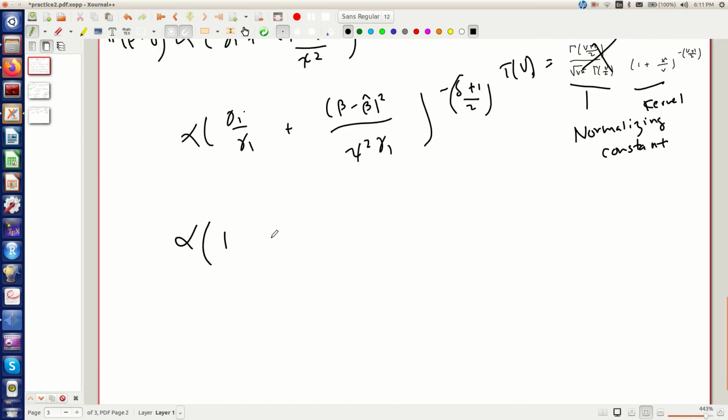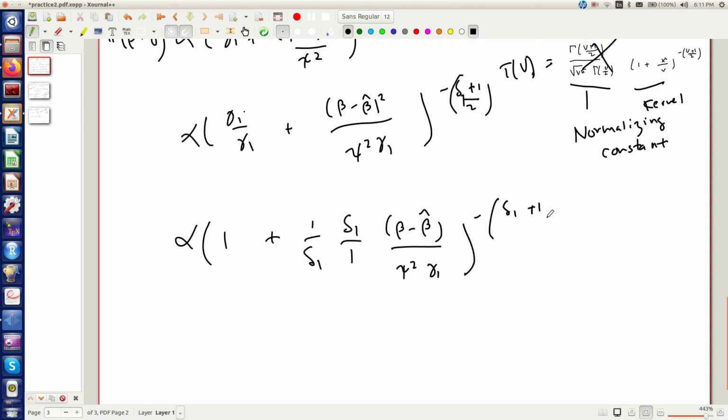So this gives me 1. And then I need the degrees of freedom there. This is not the degrees of freedom, this is 1. So I need a 1 over delta 1 here, so I multiply by delta over 1. And yeah, so pretty much done. Just make a few adjustments to this.